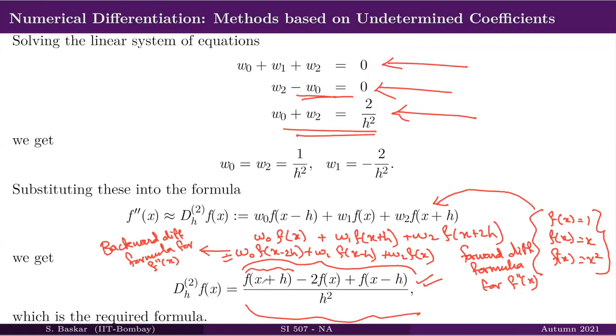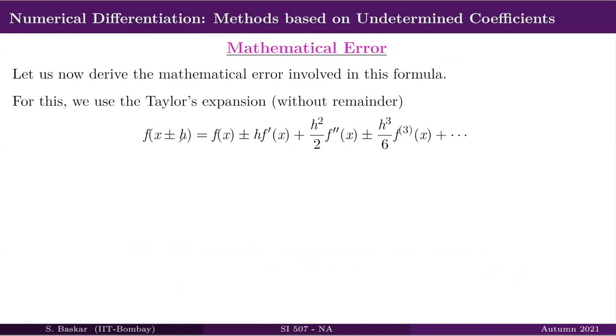Here you can put the Taylor expansion for f(x + h). Similarly, one can put the Taylor expansion for f(x - h). There is no scope of putting a Taylor formula for f(x), therefore you just leave it. When you expand f(x + h) and f(x - h) in Taylor expansion, you get this.